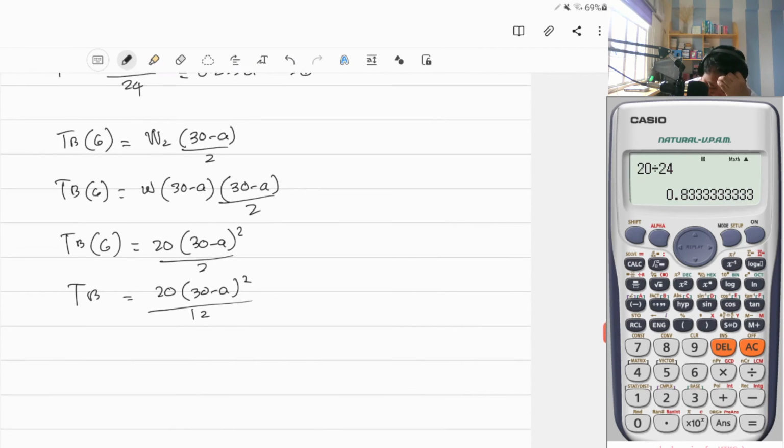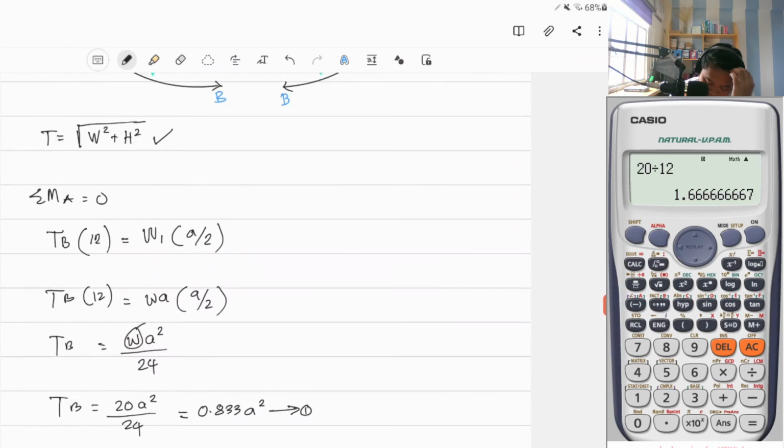So TB is equal to 20 divided by 12, so we have 1.667 (30 minus A) squared. So this is our equation 2.